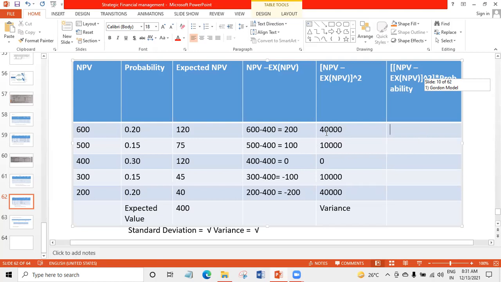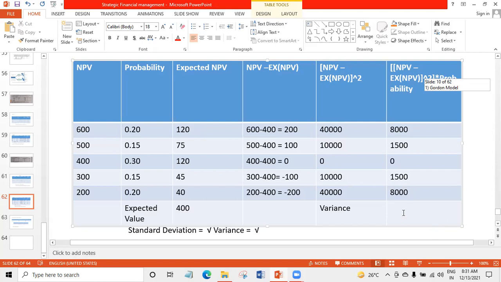Multiply with probability. 10,000 into 0.15, 1,500. 0 into 0.30, 0. 10,000 into 0.15, 1,500. 40,000 into 0.20, 8,000.